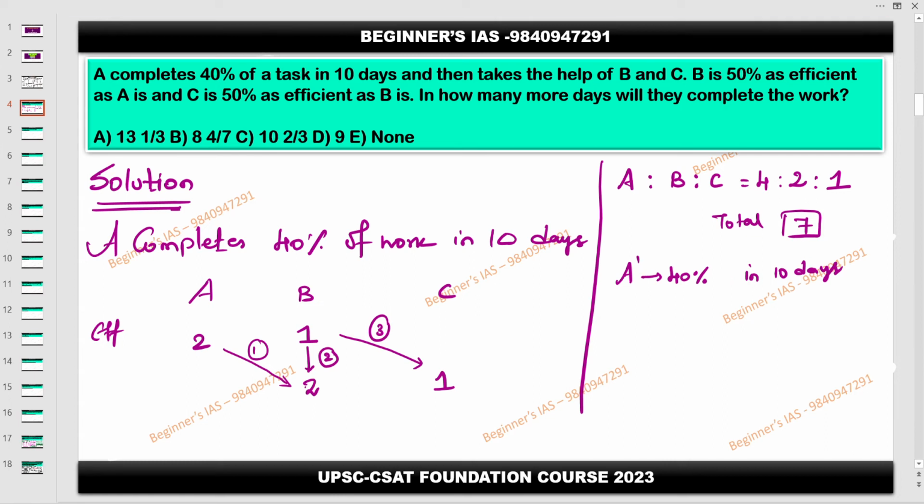So now the remaining is only 60%, right? The remaining 60% of the work has been done by all of them, which means A, B, C. What is the efficiency of A? 4, B 2, then C 1, total 7. Understanding? Yes or no? Yes, sir.